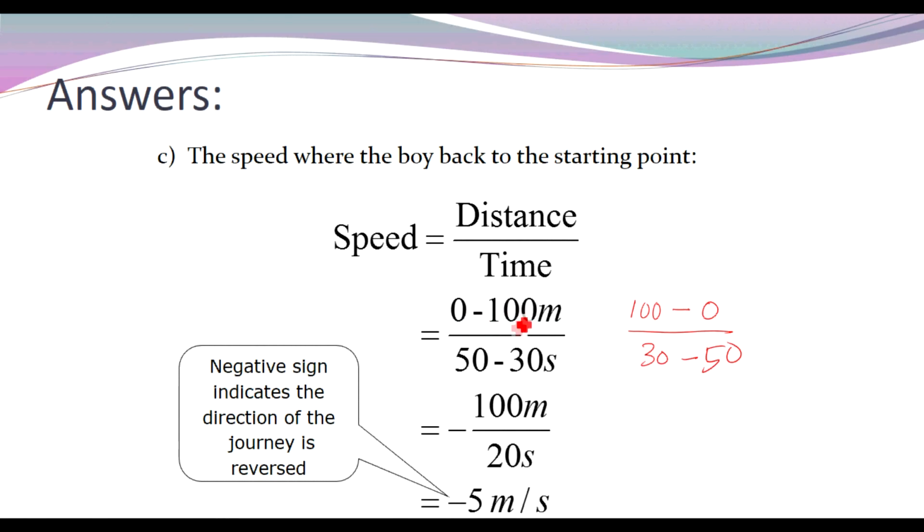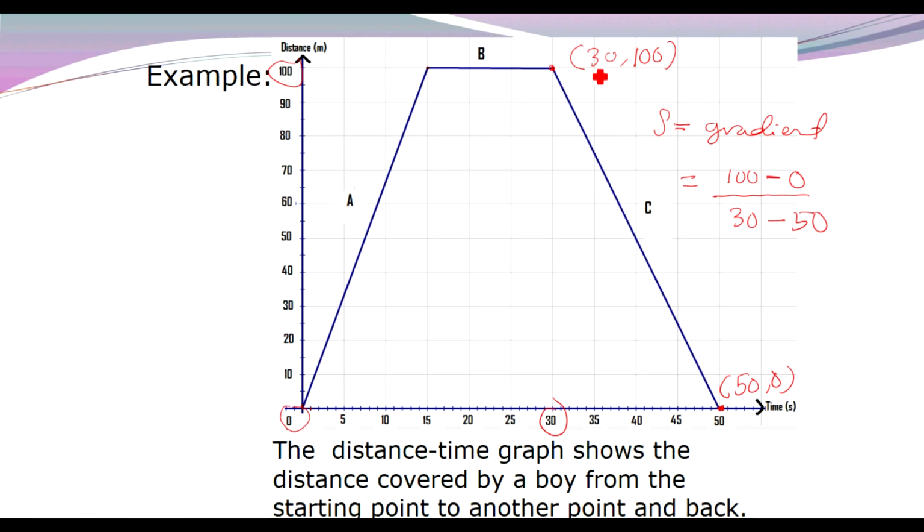Or you can write it as 0 minus 100 over 50 minus 30. What you cannot write is 0 minus 100 over 30 minus 50 mixed up, like 0 minus 100 minus 0 over 50 minus 30. This one cannot, because 100's partner, the pair, is 30. See, 100's pair is 30.